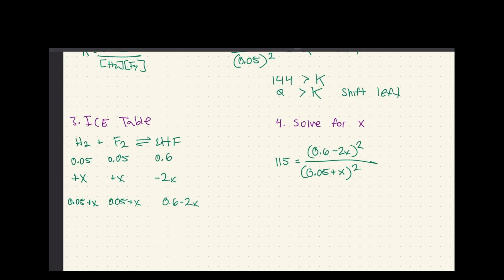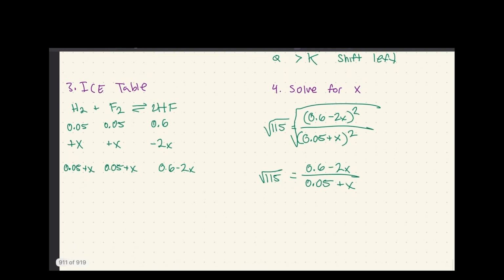And so mathematically, this gets a little bit more complicated. I see that these are both squares, so I'm going to take the square root of everything to remove those. So I see the square root of 115 is going to be equal to 0.6 minus 2x divided by 0.05 plus x.